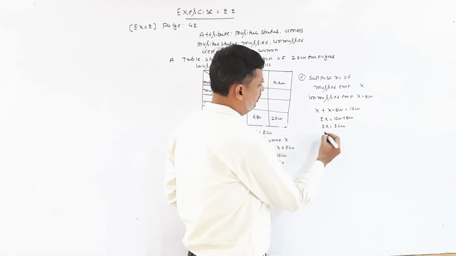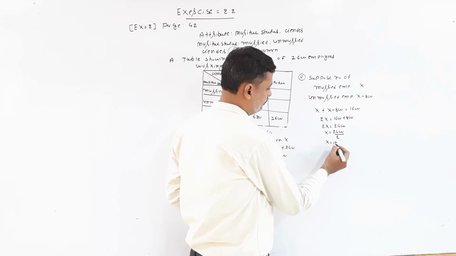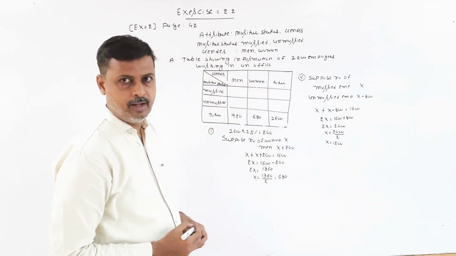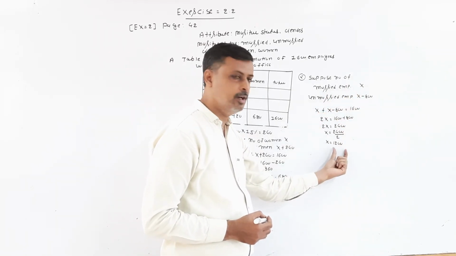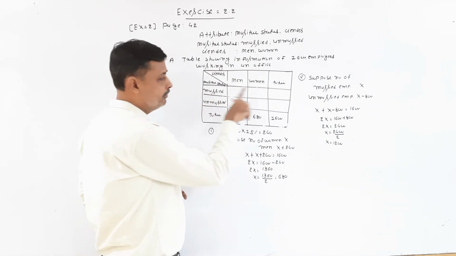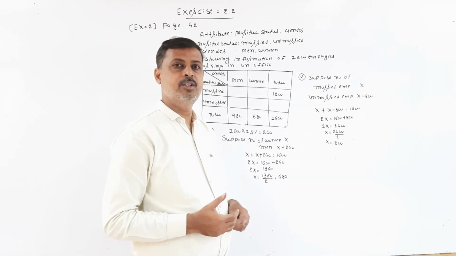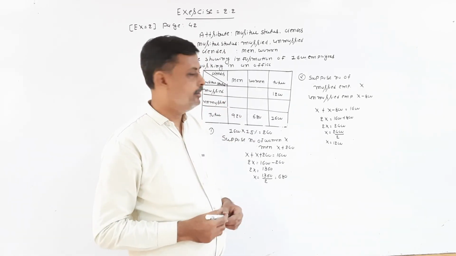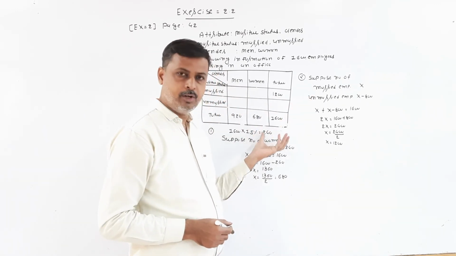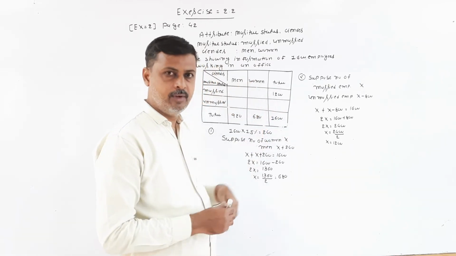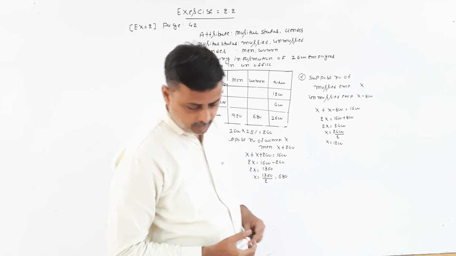So x is equal to 2400 by 2, so x is equal to 1200. So x is for married employees. So married employees is 1200. And unmarried employees are 800 less. So 1200 minus 800 becomes 400. In the shortcut, take 1600 minus 1200, that is 400.